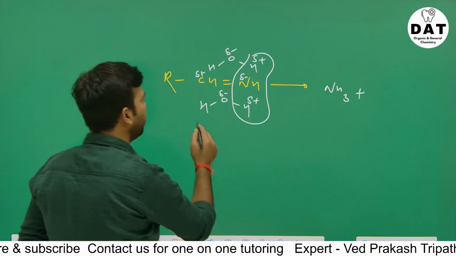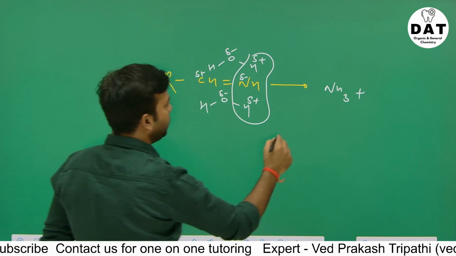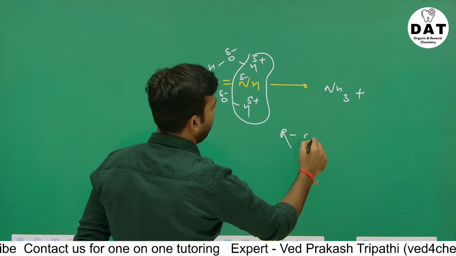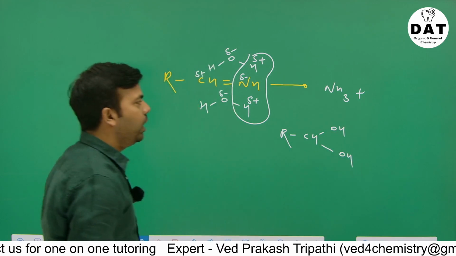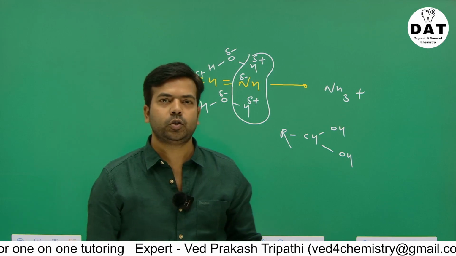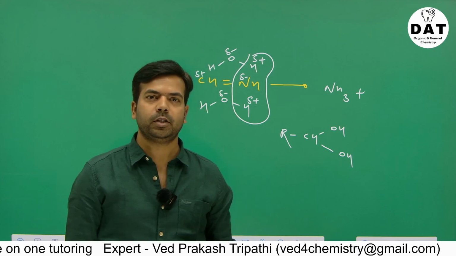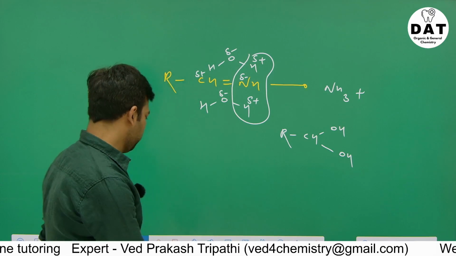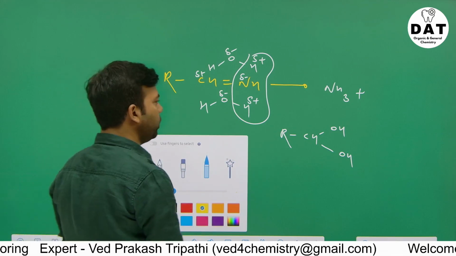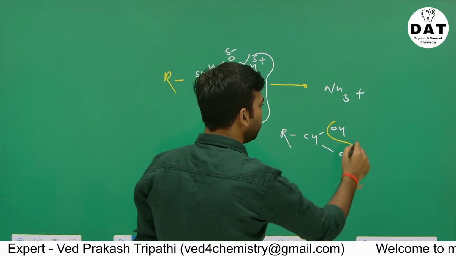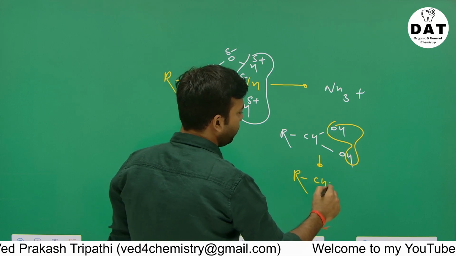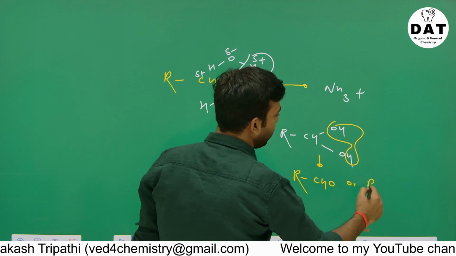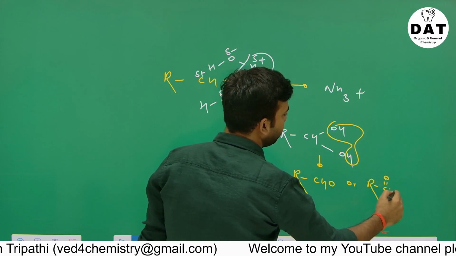And what is the product here? This CH has 2 OH. Clear? Whenever a carbon has 2 OH groups, it is highly unstable, so there is a loss of water. If you remove OH and H, it becomes CHO, and CHO is nothing but an aldehyde. Clear?